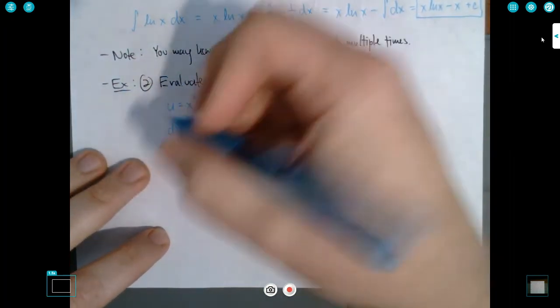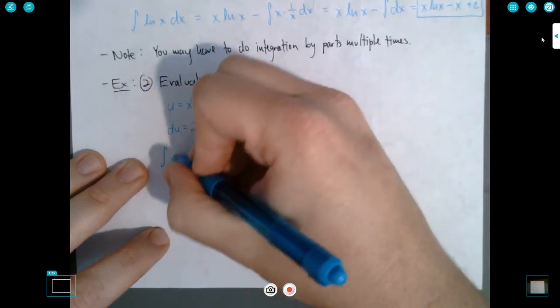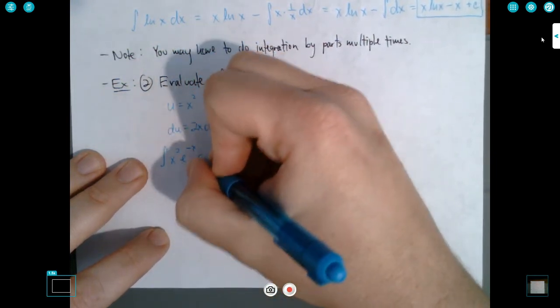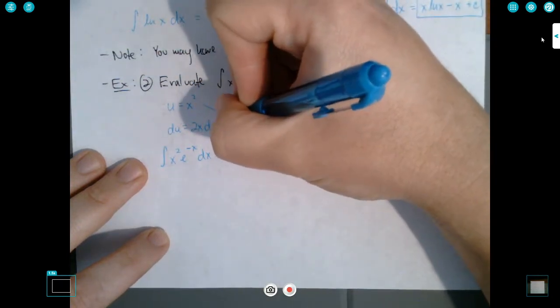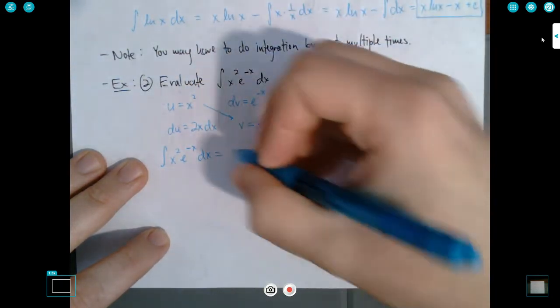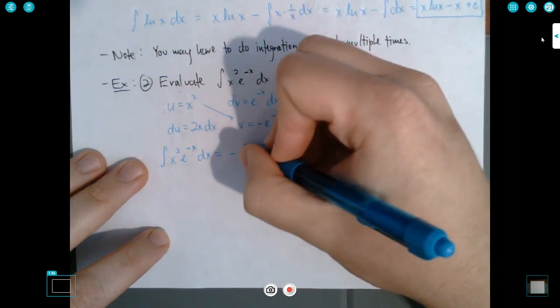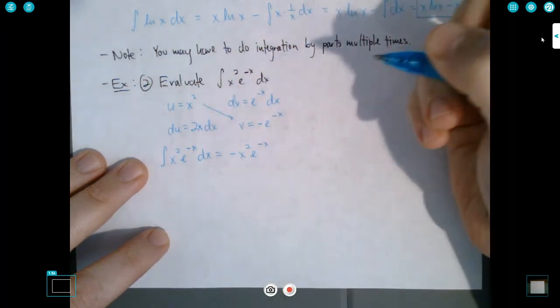Now, the integral of x squared e to the negative x dx is going to be x squared times negative e to the negative x. So in other words, negative x squared e to the negative x.